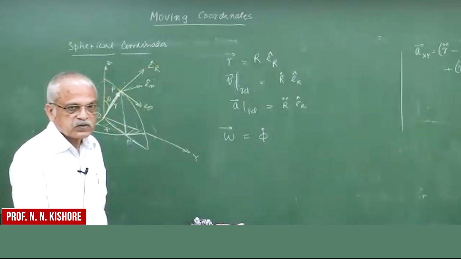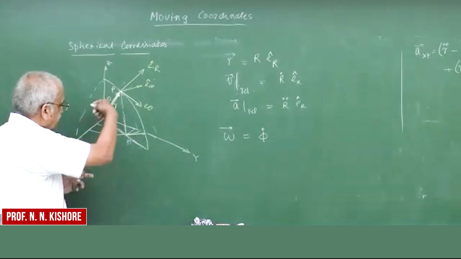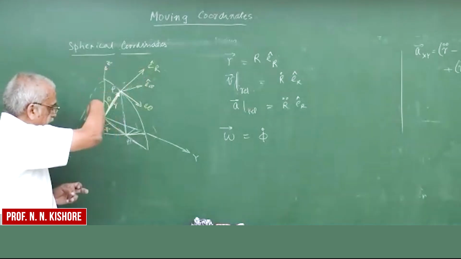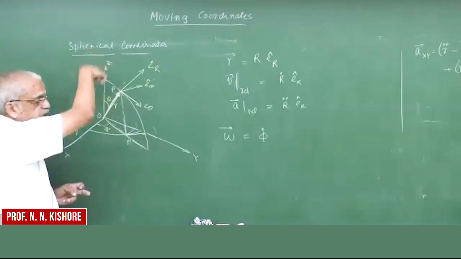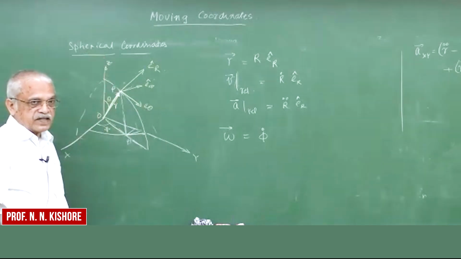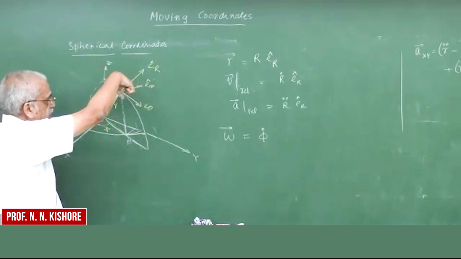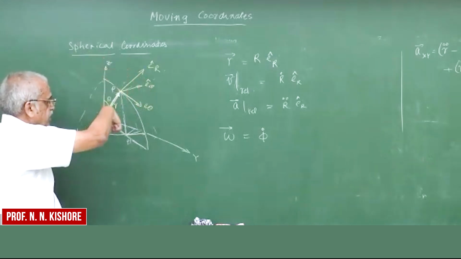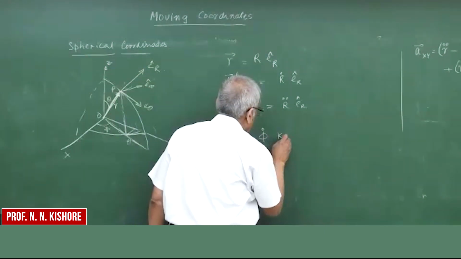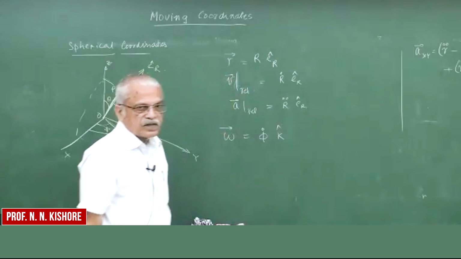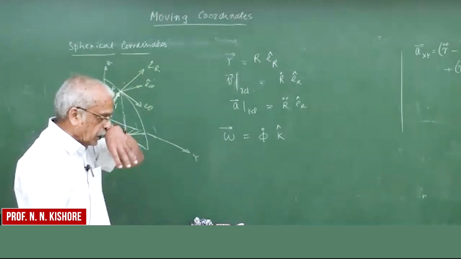If you rotate P in such a way that phi changes without changing theta, that will be in the direction of Z, right? Because it is rotating in the horizontal plane everywhere. Even here it is moving in the horizontal plane. So its vectorial direction is Z, and this is about phi dot.